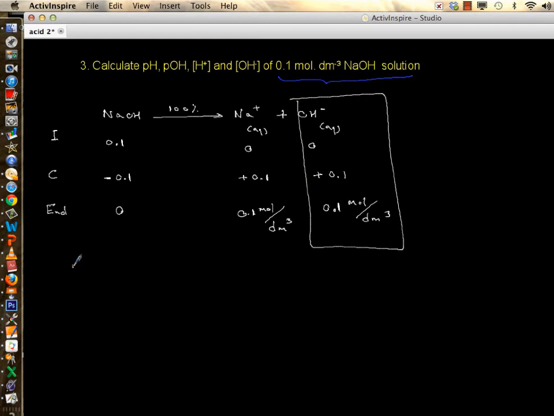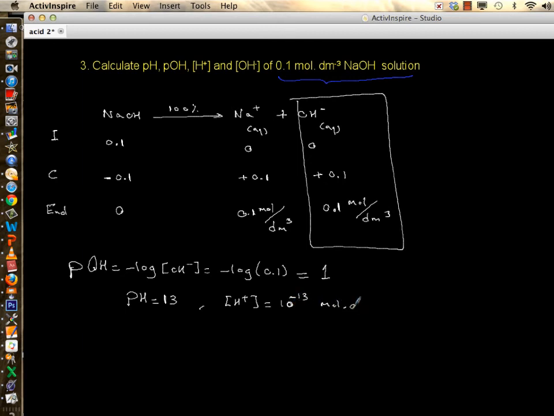So calculate pOH because that's OH that you have, and then go after pH. pOH is negative log of OH, so it's negative log of 0.1. So pOH in this case is 1, and pH is 14 take away that, which is 13. If you're interested in concentration of hydrogen, it's 10 to minus 13. Of course, this has unit mole per decimeter cube.